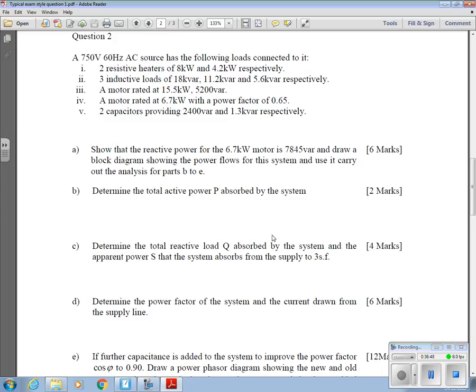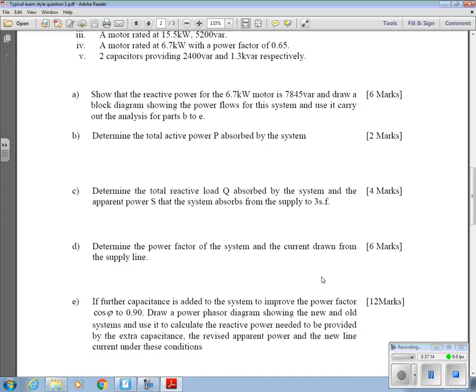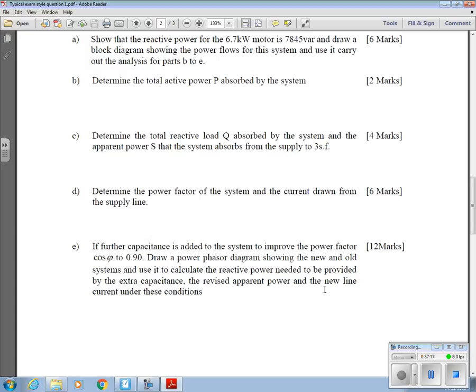Power factor: draw a power triangle of the whole system out of your complete P, Q and S and determine the power factor. Then from the S, you can use the power formula to find the line current. Then you've got another part of the question involving power factor correction, similar to the one you've already done, improving that overall power factor to 0.9. So have a go at that question.